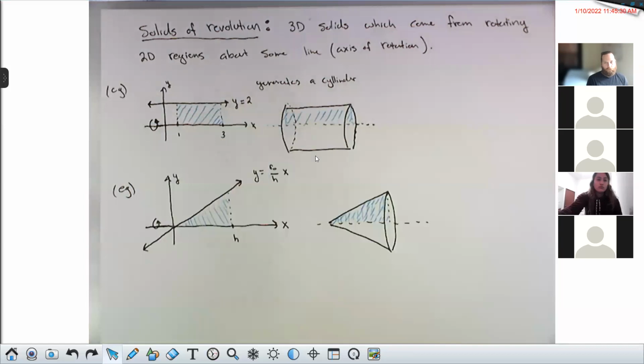Right? So that cone we were fiddling with in the previous problem can also be thought of as a solid of rotation. Here we're rotating a linear function about the x-axis.